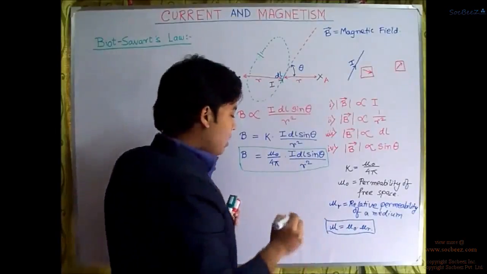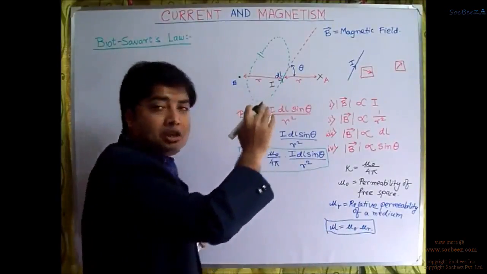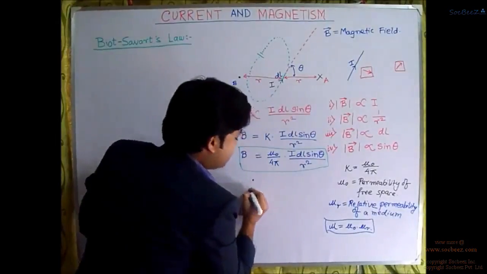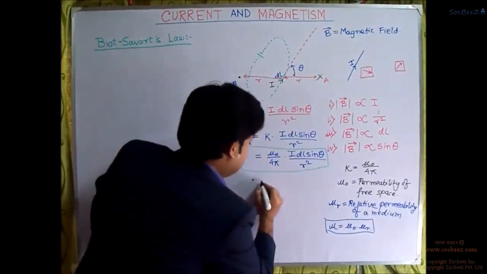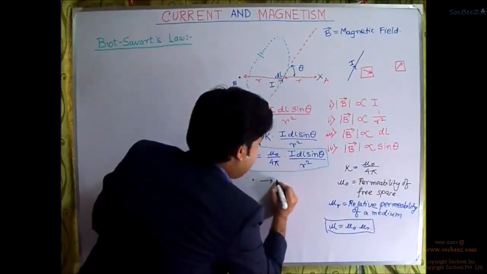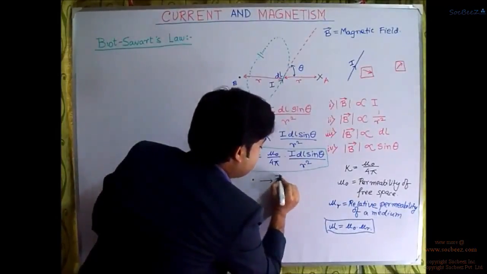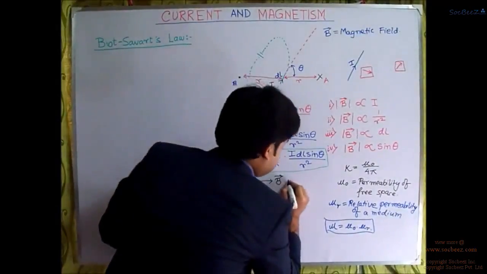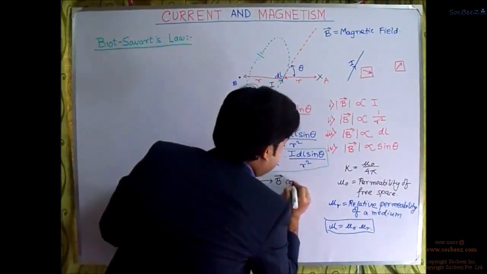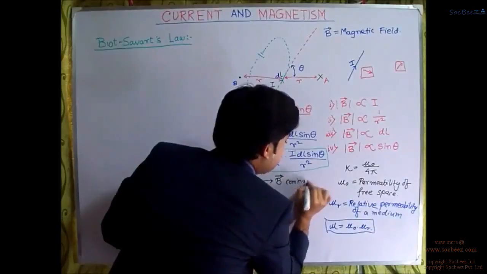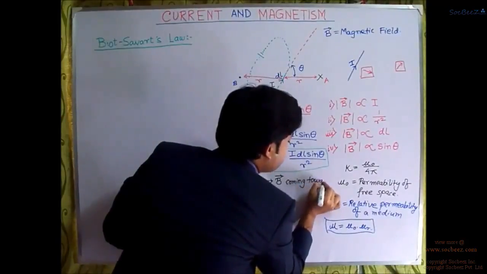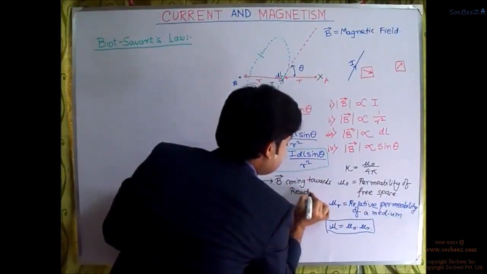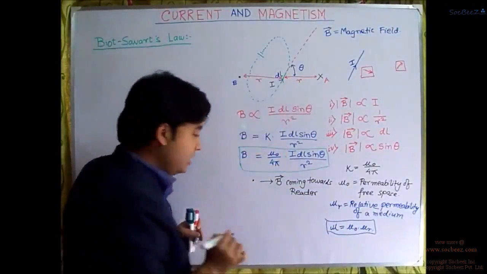Okay. Now, in the entire section of current and magnetism, this dot indicates that the direction of the magnetic field is coming towards the reader, right?